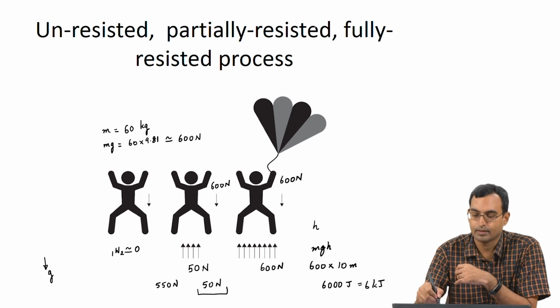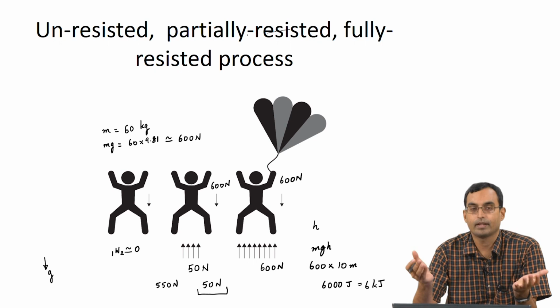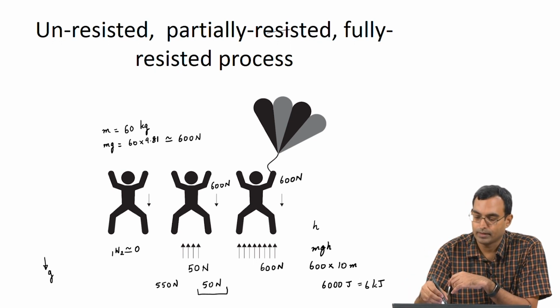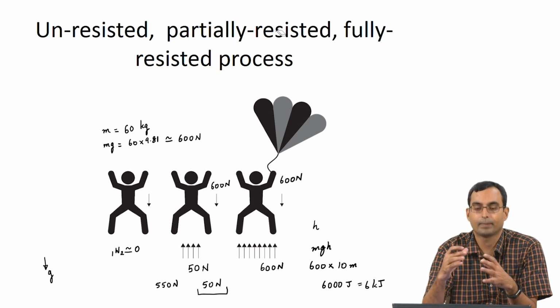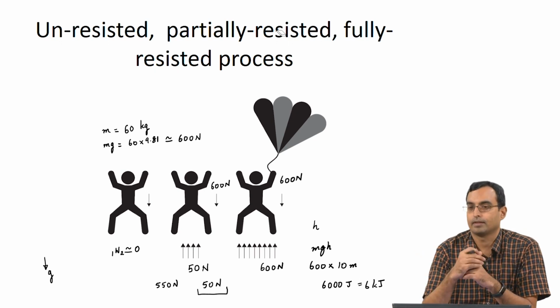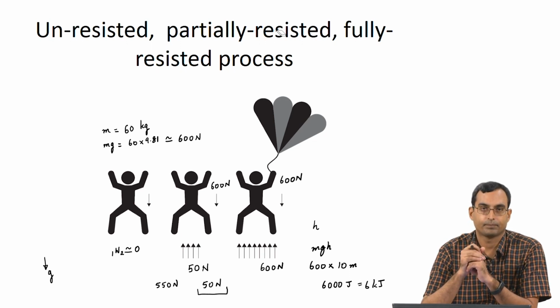In partially resisted processes we have some amount of resistance, so the surroundings is accepting some amount of work, and only to that extent work is done. In fully resisted processes there is resistance to the complete force, and therefore, all of that force is taking part in doing some work interaction. So, this is something which we see.